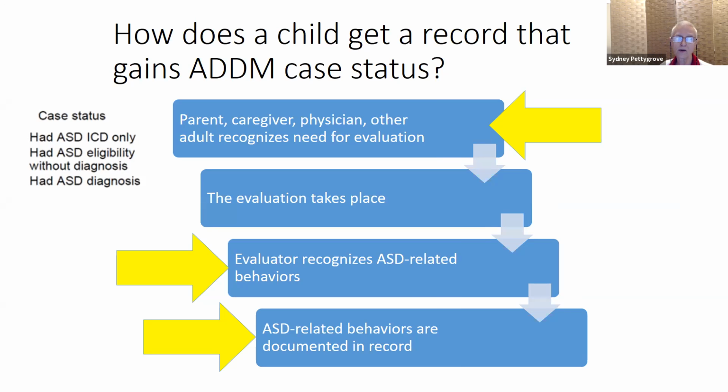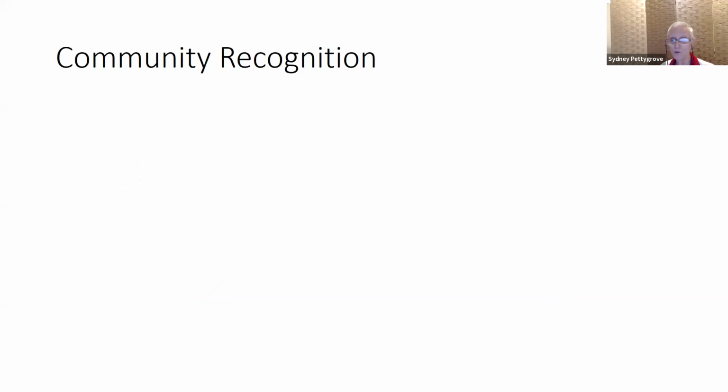It did require that they have either a clinical diagnosis, a special ed exceptionality of autism, or both. So when I first heard about that, I was really concerned about what this new protocol would mean for the prevalence that we're publishing.